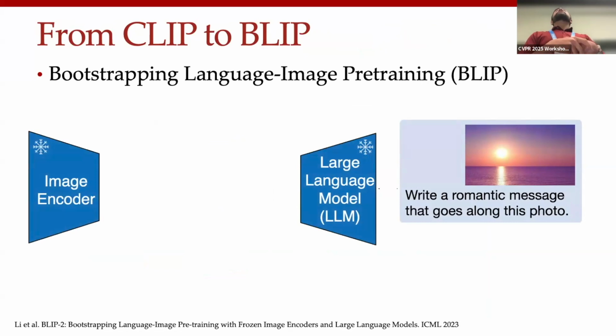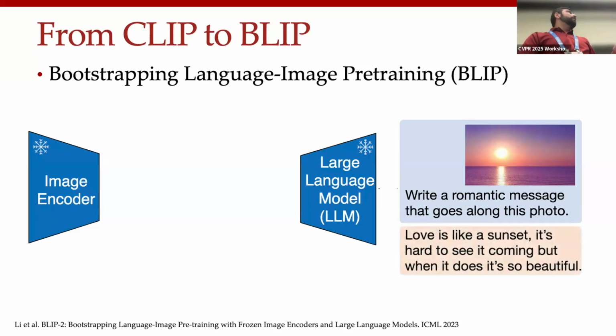And then we want to be able to reuse different components of different models that we're working with already. So let's say we want to reuse some pre-trained image encoder, and we want to reuse some language model which has been trained. Well, to solve this text generation task, we can just create this triplet data set where we have our input image, we have our query, and we have our answer.